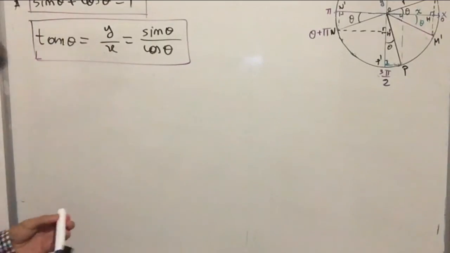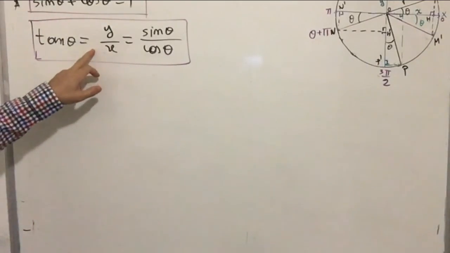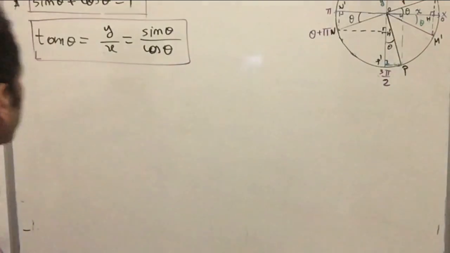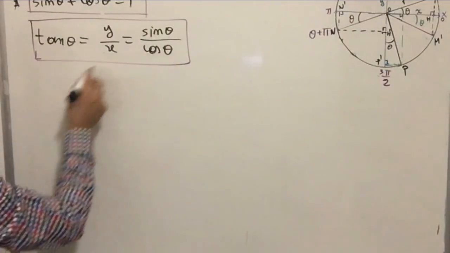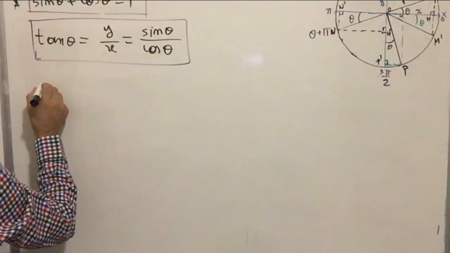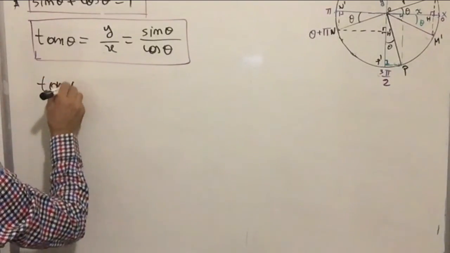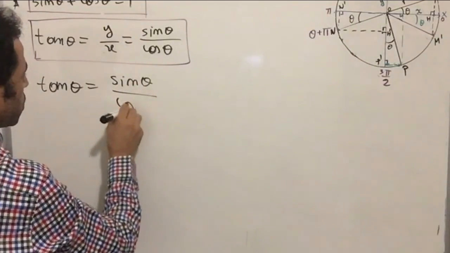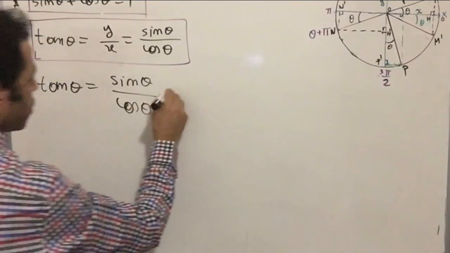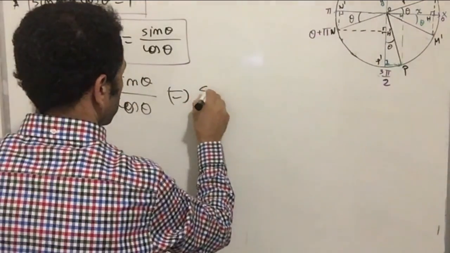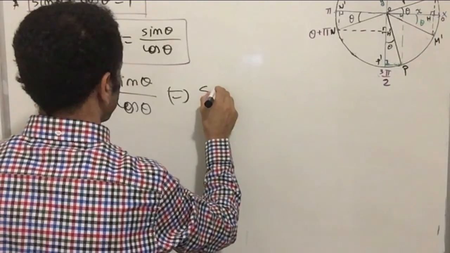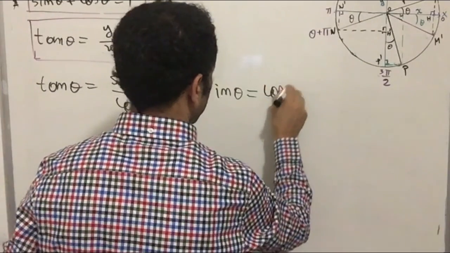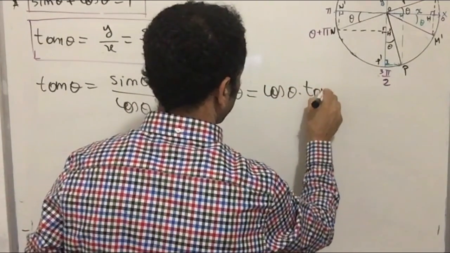I'm going to insert this equation into the first equation to see a new expression. As you see here, we have tangent theta equal to sine theta over cosine theta. Equivalently, sine theta equals cosine theta multiplied by tangent theta.